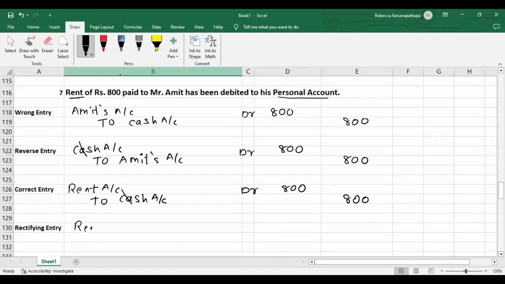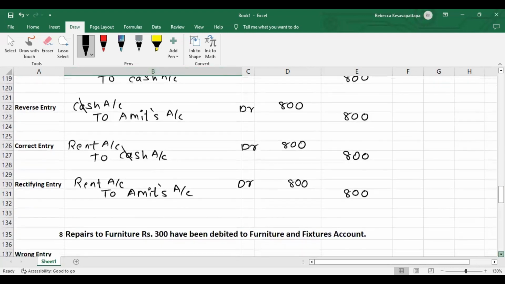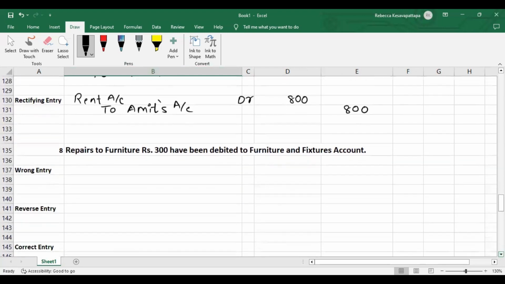Then we will write here rent account debit to Amit's account, 800 and 800. Now this seventh example was, I think, repeated the third time. Similar one. Eighth one we will see now.